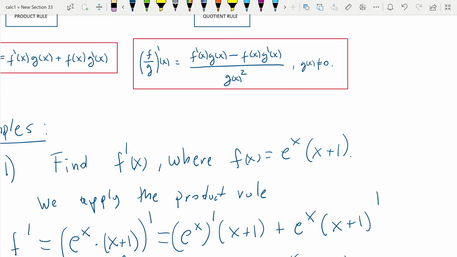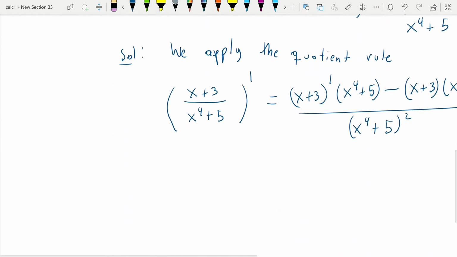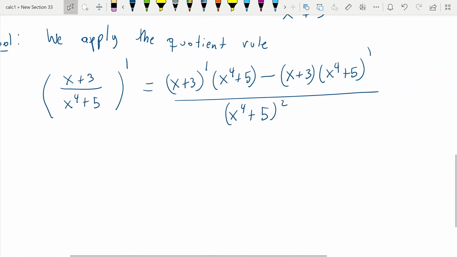To obtain (f over g)' in terms of f, g, f prime and g prime, you apply this formula, and that tells you that you have to multiply the derivative of the numerator times the denominator, minus the function in the numerator times the derivative of the denominator, all divided by the function in the denominator squared. And this is exactly what we've written here.